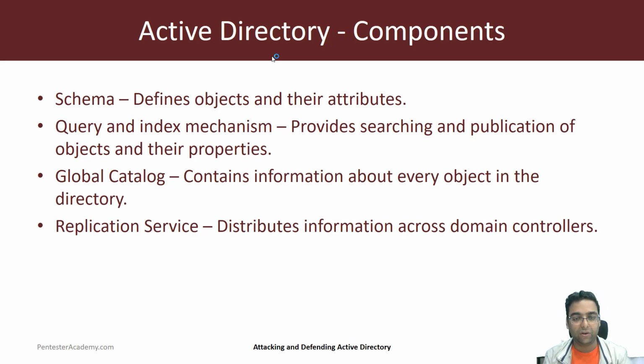There is a global catalog which resides with every domain controller in a forest, which contains information about every object in the directory. Finally, because there could be multiple domains and multiple domain controllers, there is a replication service which distributes information across domain controllers, right?